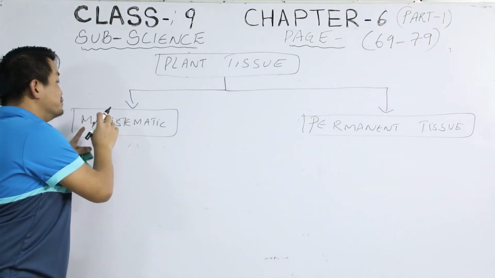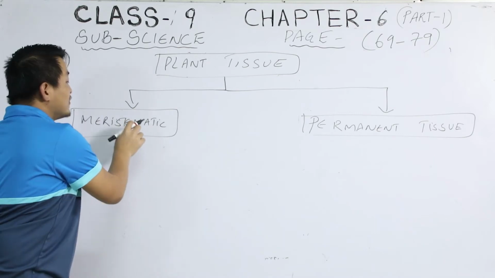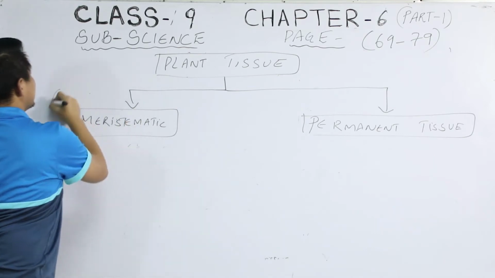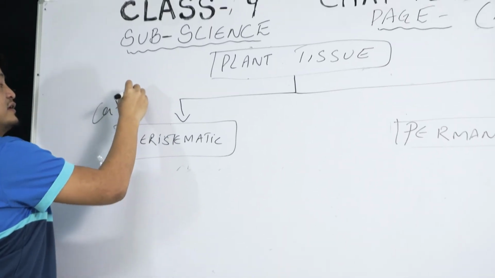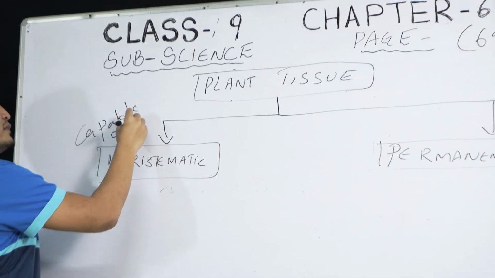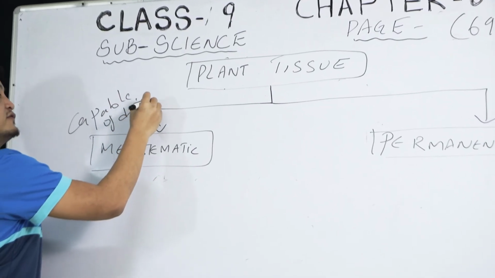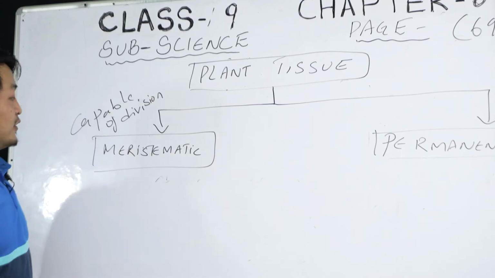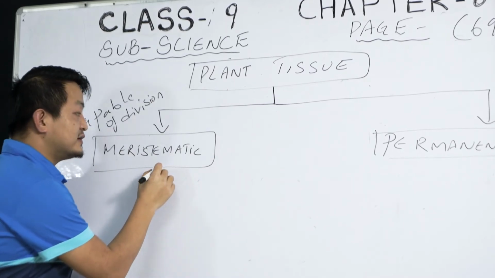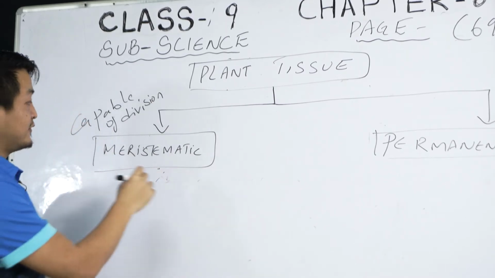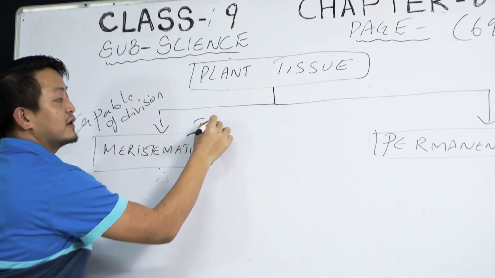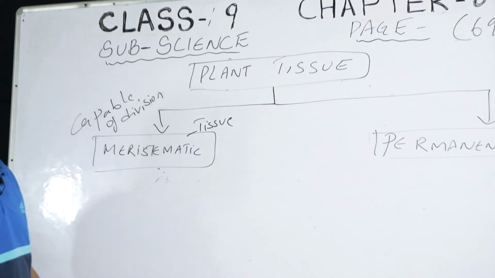Now the meaning of this meristematic is capable of division, okay, capable of division. Now, under the meristematic tissue, we'll have three types.